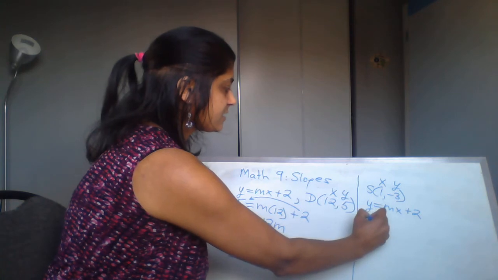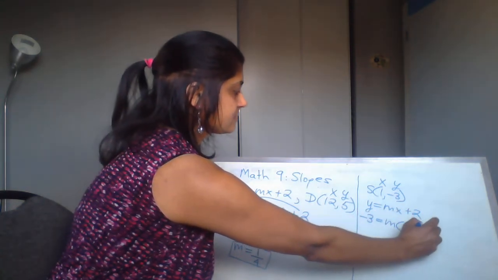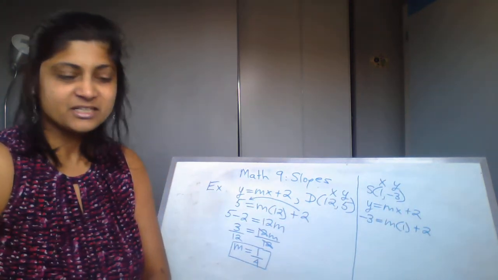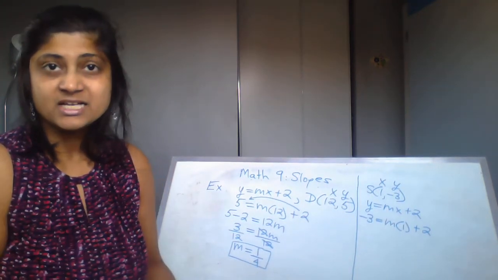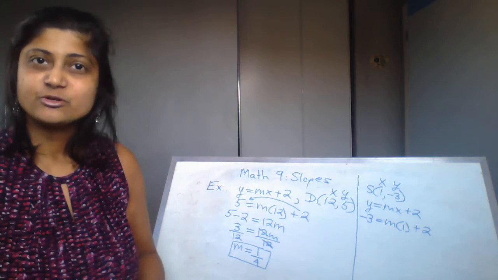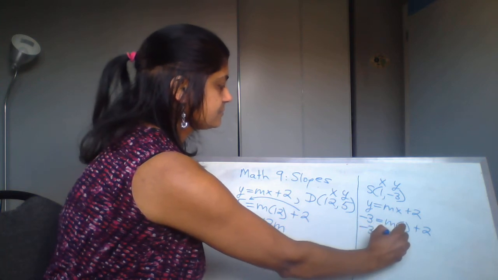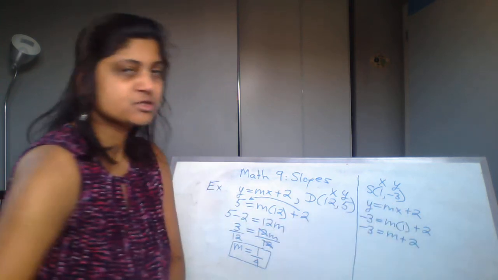So the y is -3 equals m. The x is 1 plus 2. I noticed that this point has coordinates that are really small. So it's pretty simple to calculate the value of m. So it's going to be -3 equals m plus 2.